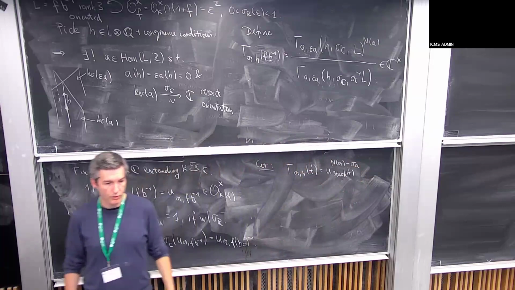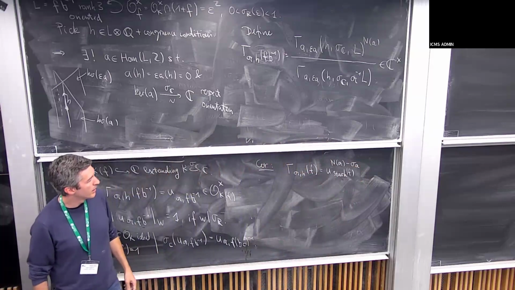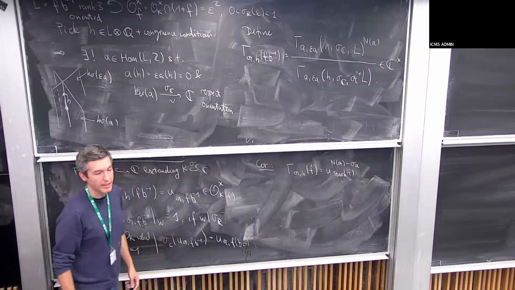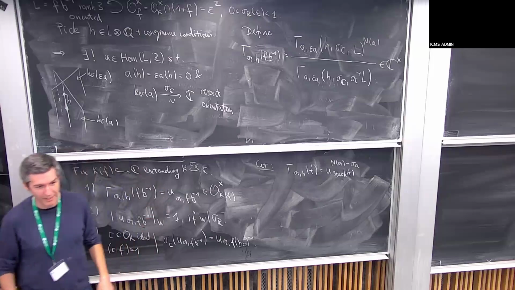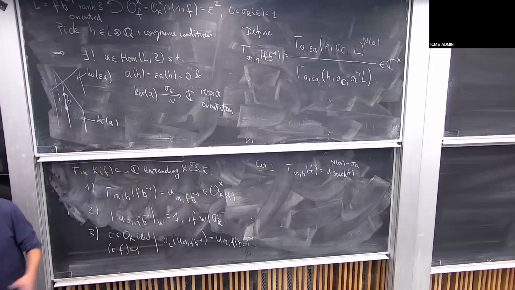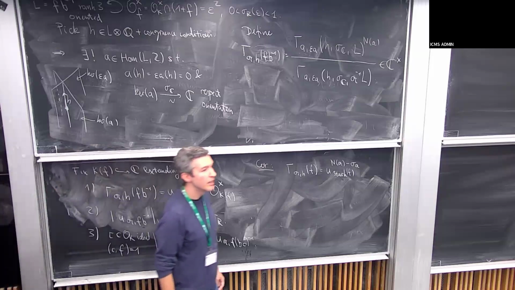That's just the Stark unit with that A being your set T. Exactly. So I said A had to satisfy some conditions which guarantee that. So that follows from 1, 2, 3.